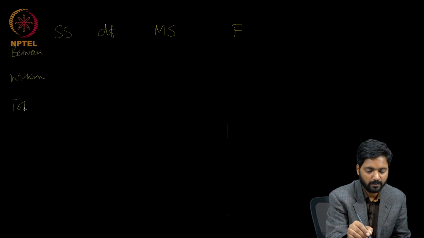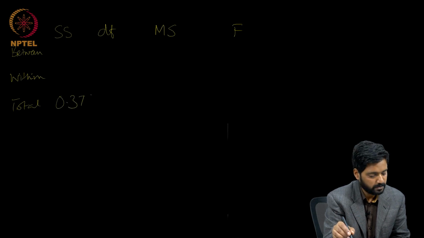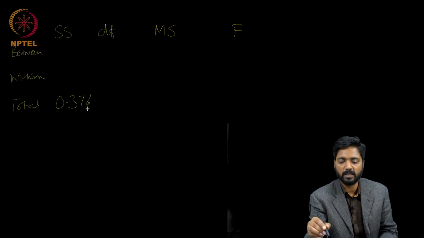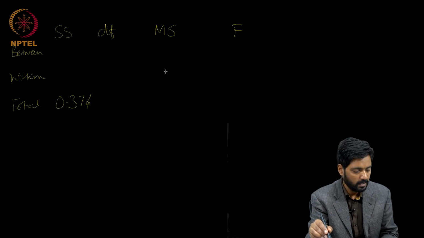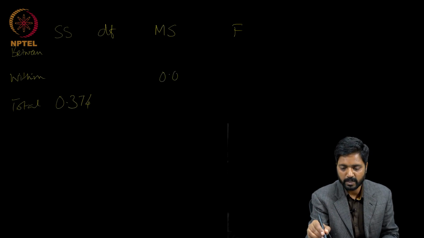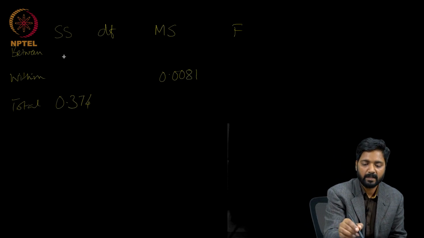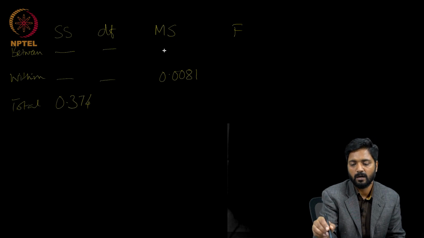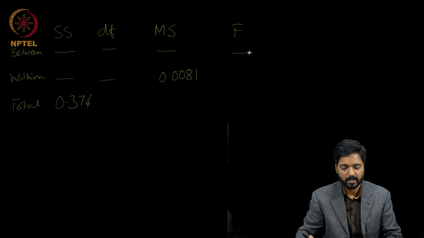And then we have a total value. The sum of squares total is provided as 0.374, and the only other information provided is the mean square error, which is given as 0.0081. The rest of the details are unfilled or need to be provided by us.